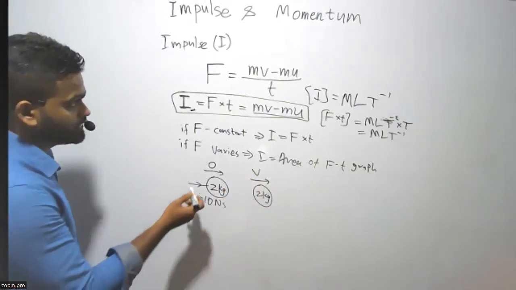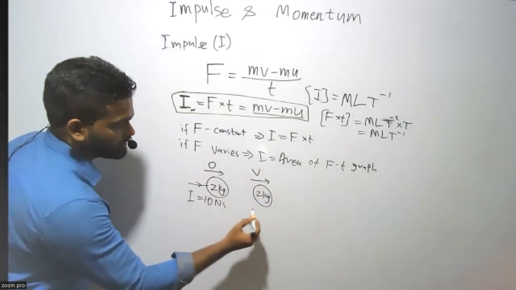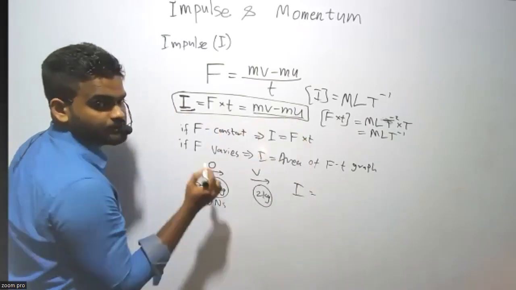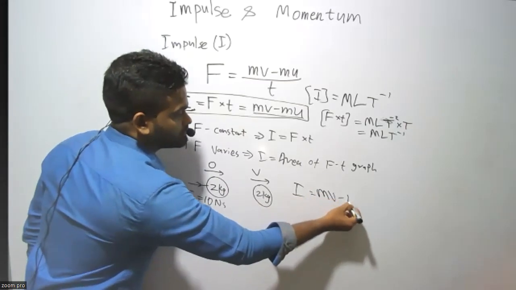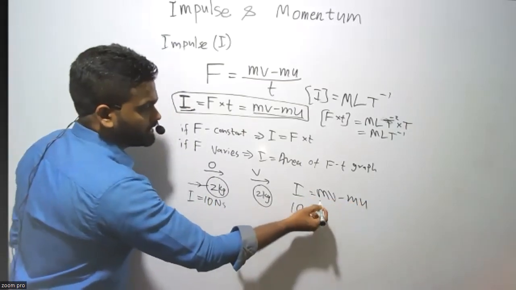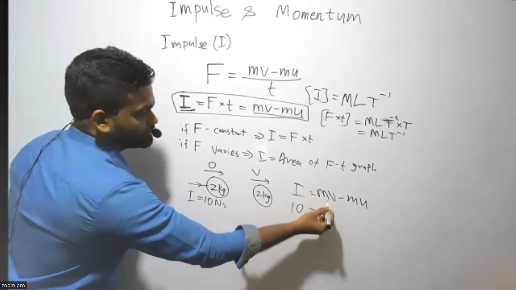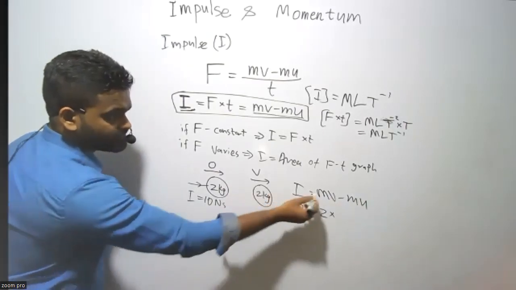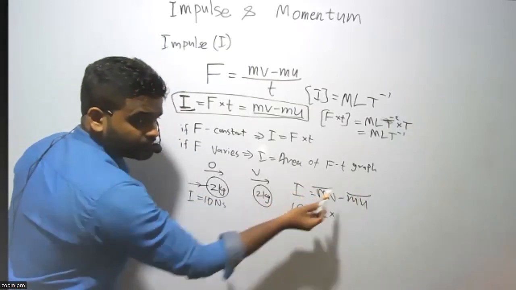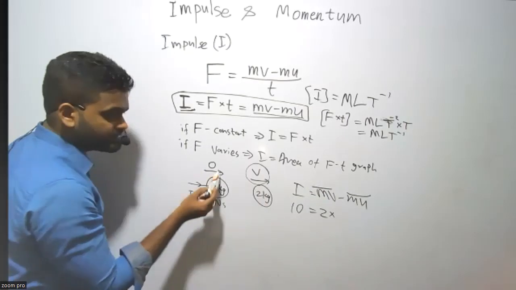So how can we use that? You just use this equation: I equals mv minus mu. I is given as 10. Mass is 2, and this is the final velocity minus the initial velocity.